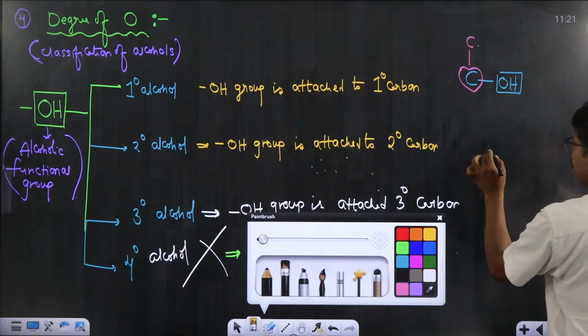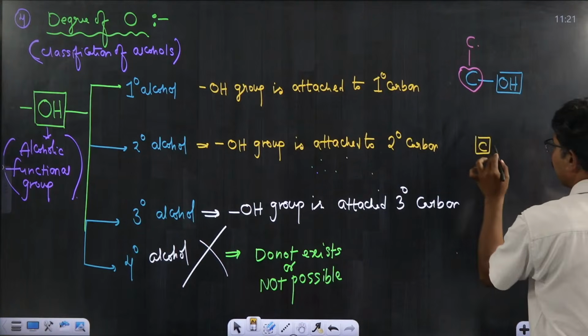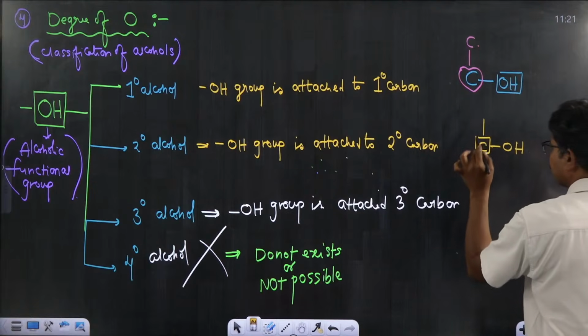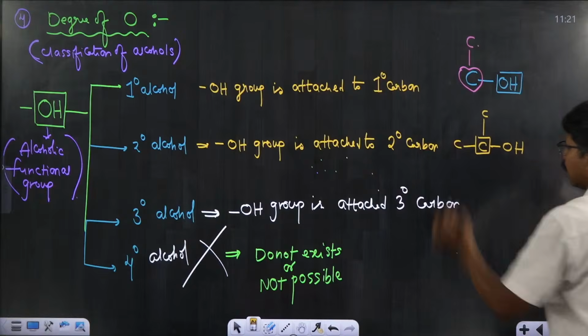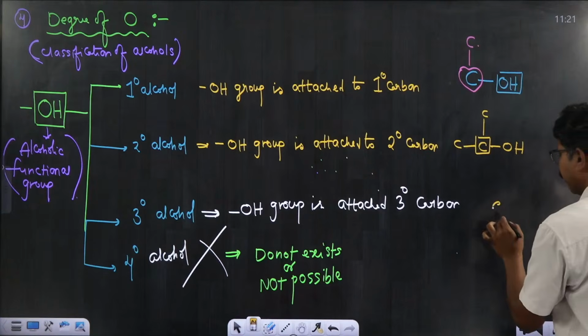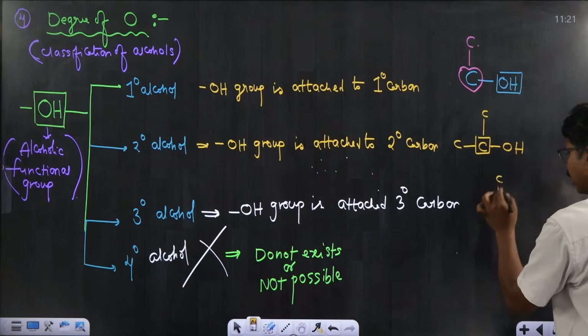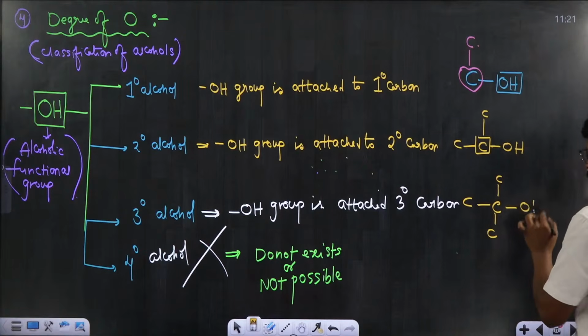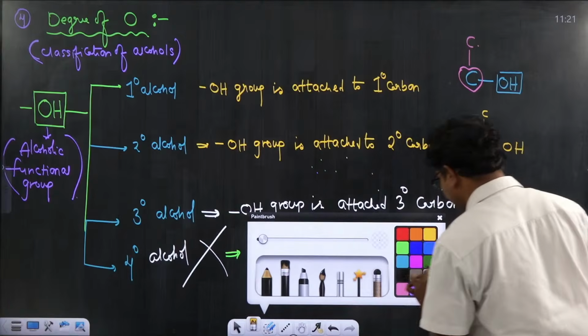In the same way, the reference carbon, meaning the carbon in direct contact with OH, must be connected directly to how many carbons? 2 carbons. In the same way, tertiary carbon is the one in direct contact with 3 carbons.